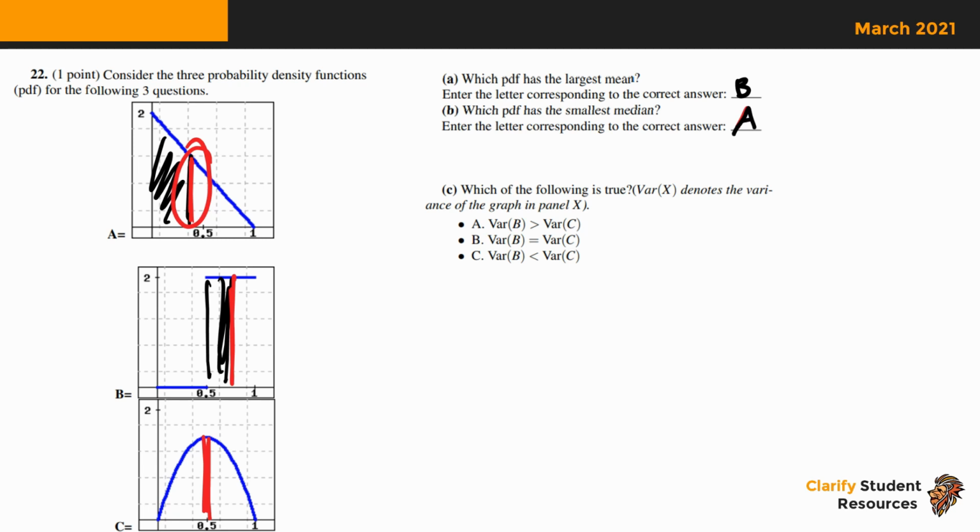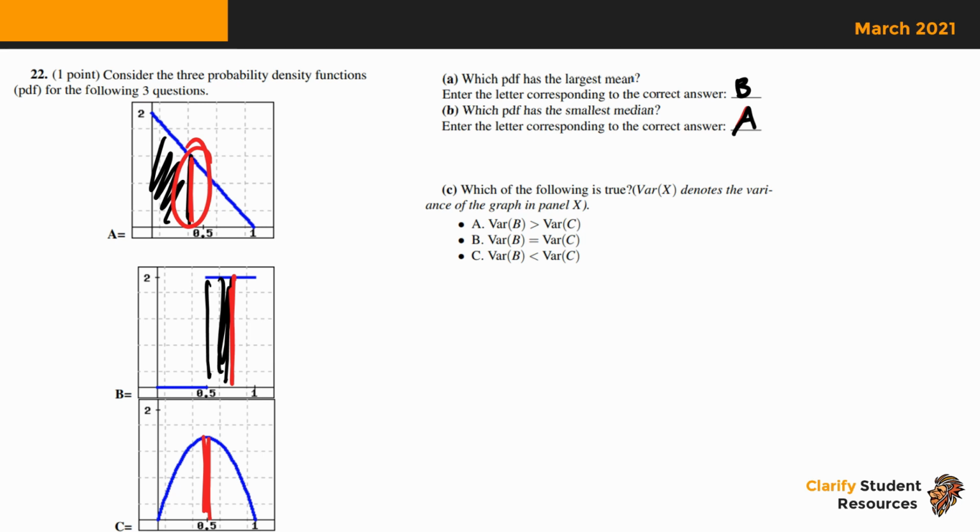And then the last question is basically saying, which of the following is true? Var x denotes the variance in the graph panel. If we look at the different options, we want to see which one is the most spread out. Which values have the most variance, which basically means the most spread out.